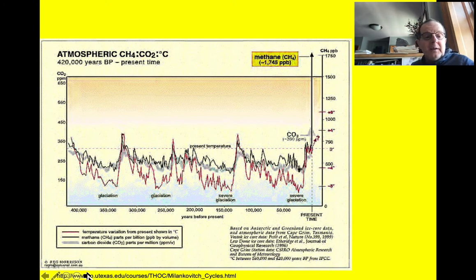We also can see a series of lines here that are showing us temperature variation in the red, carbon dioxide in the gray, and methane in the black. And we can see that as carbon dioxide and methane go up, so the temperature goes up. And it's a very direct relationship. And here we see our present increase.